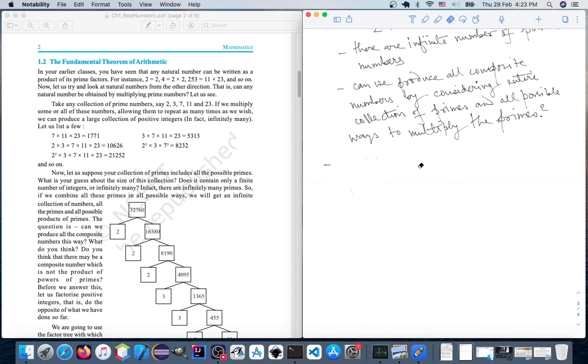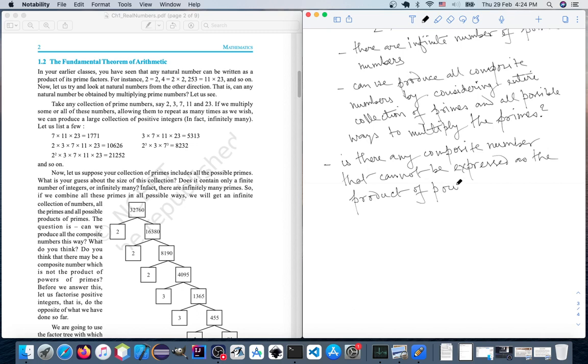It is trying to verify this question: is there any composite number that cannot be expressed as the product of powers of primes?